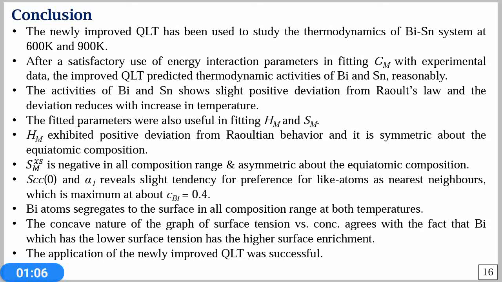The same set of interaction parameters were used while fitting their temperature derivatives to model the integral enthalpies and entropies of mixing. Thereafter, SCC0, alpha 1, surface concentrations and surface tensions were computed for bismuth tin at 600 Kelvin and 900 Kelvin.